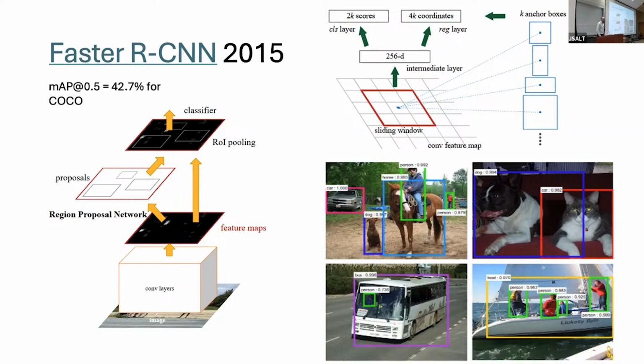For each position, let's say we have 6 boxes, so you have 12 neurons for classification. For each box, you have either something in that box or not. It's a binary classification, but not with one neuron with sigmoid; you have softmax and 2 neurons. And the other output is for the regression.